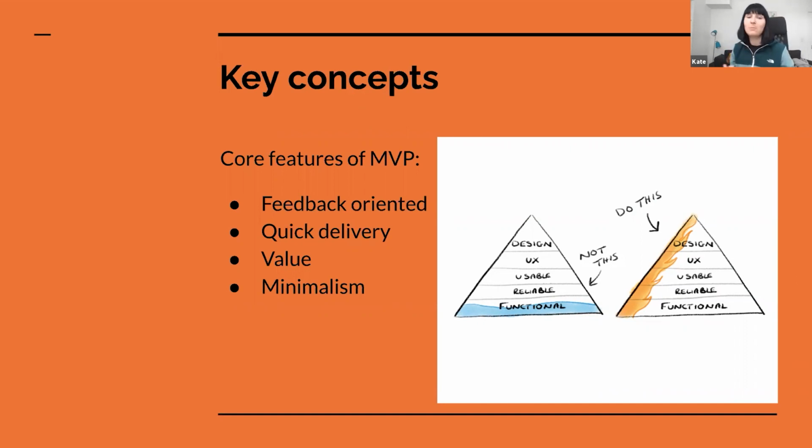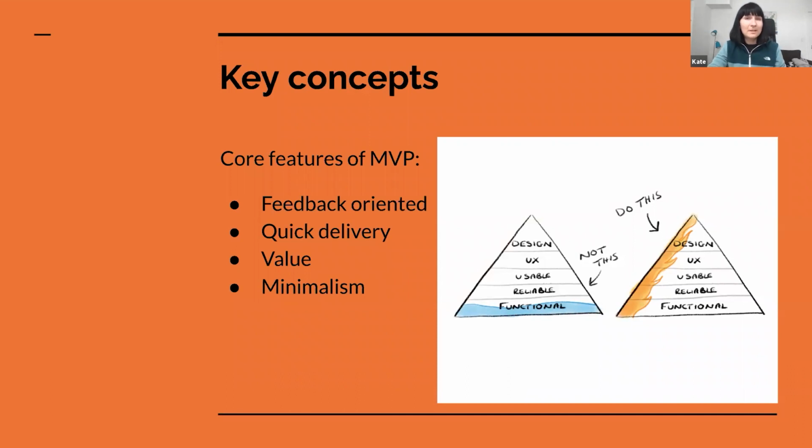So minimal products. Don't over engineer, don't overthink it. Make sure that something is solving the problem, but it's not something that you will spend so much time and effort on, and then eventually it won't be a delightful product.